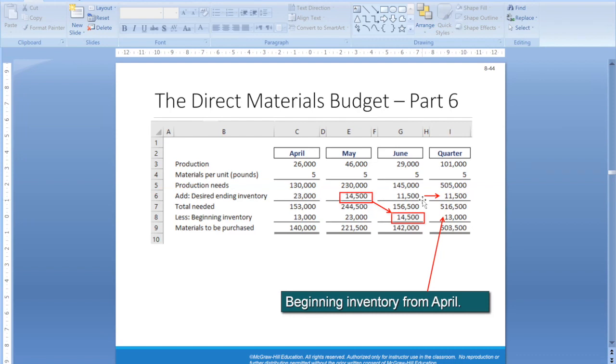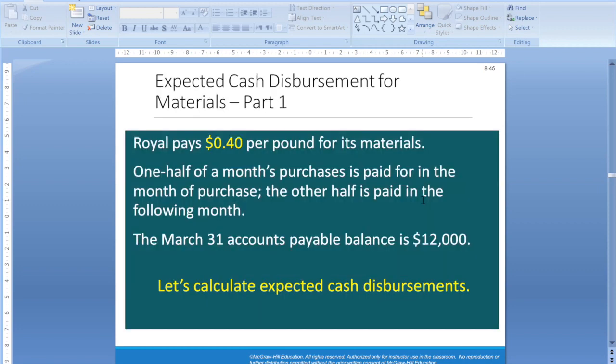The following budget is called cash disbursements, cash disbursement budget. Cash disbursements means the cash payments that we will pay for the materials. Okay, so Royal, as our company, pays 0.4 or 40 cents per 1 pound, and be careful about the units here.